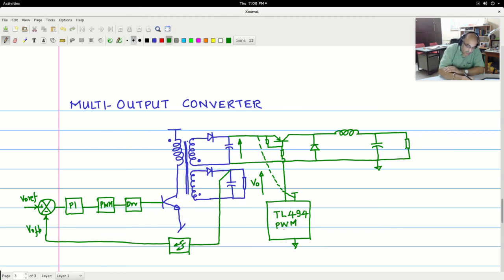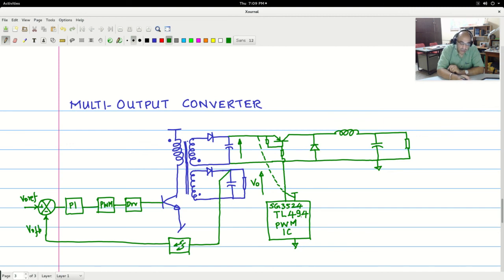You can ask in the market for a PWM IC. Most of these type of PWM ICs, you also have another name, I can say SG3524. This is also a PWM IC, very inexpensive. They have very large supply voltage range.